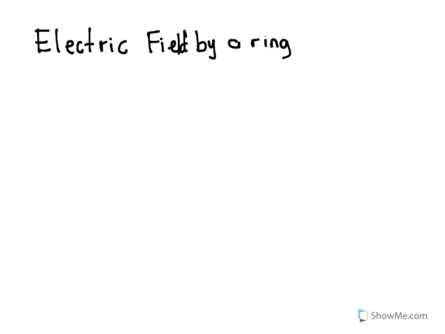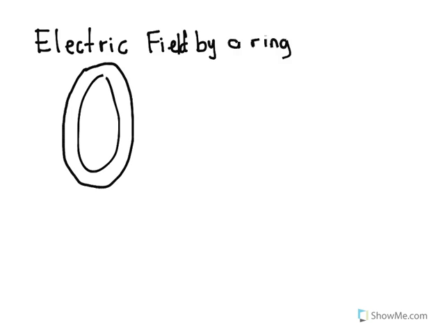Imagine that we now have a ring, and this ring is charged electrically. We're going to do it once again for a positive charge. For a negative charge, it is exactly the same procedure, but the only thing that changes is the direction, or sense, of the electric field.